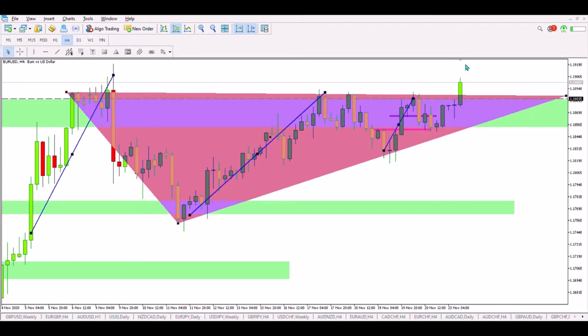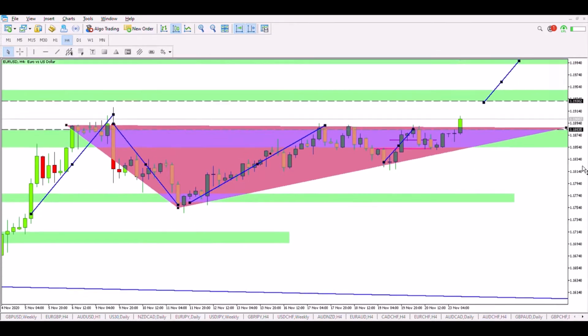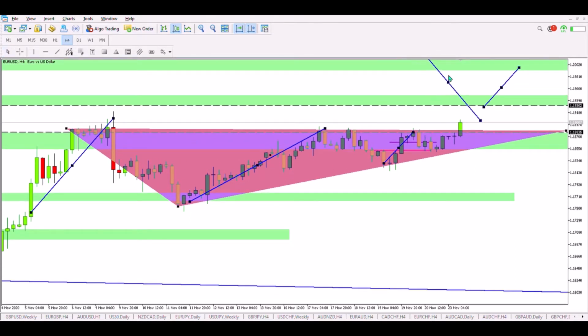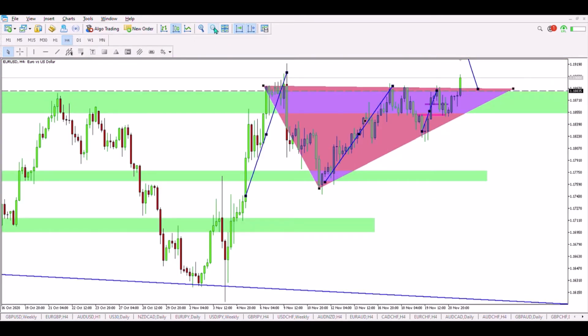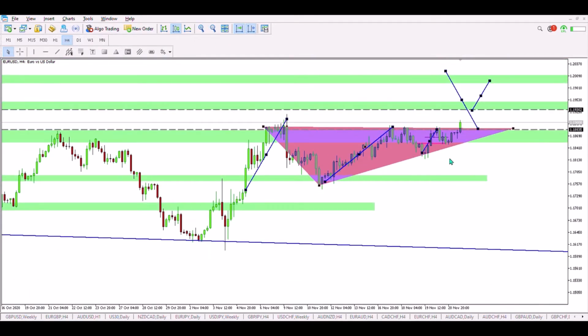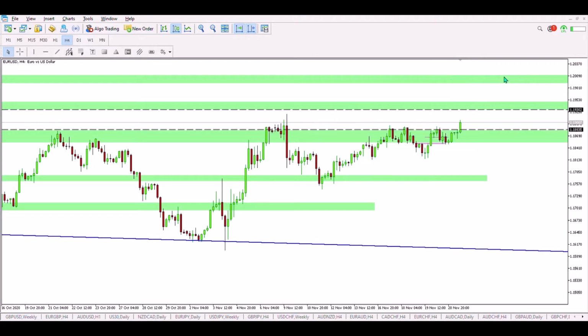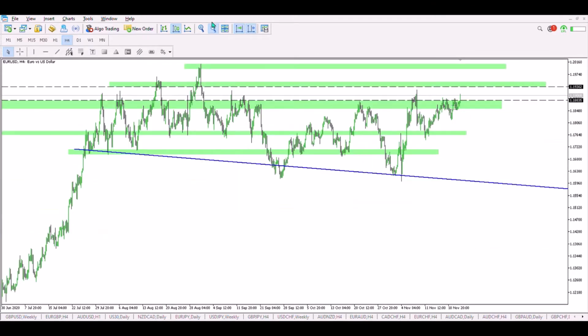And when we break out, we can expect a move even nearly as big as the size of the whole triangle. So depending on this pattern, we can even see a push to the upside to this previous high, this resistance zone back here.